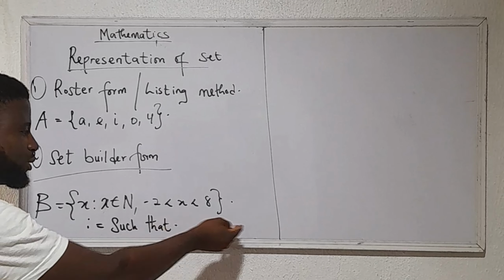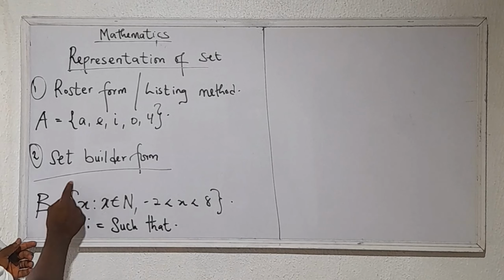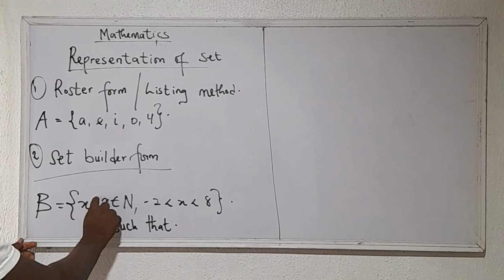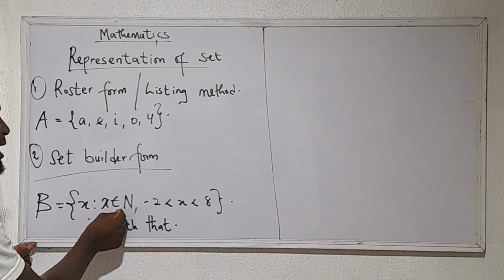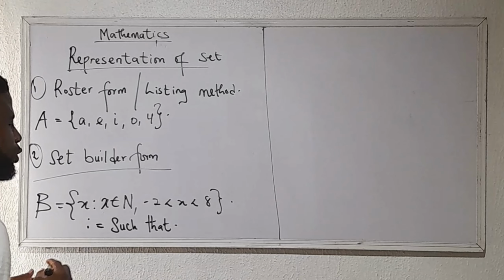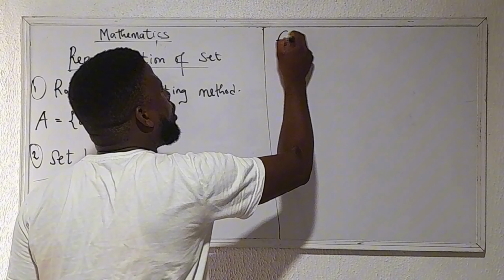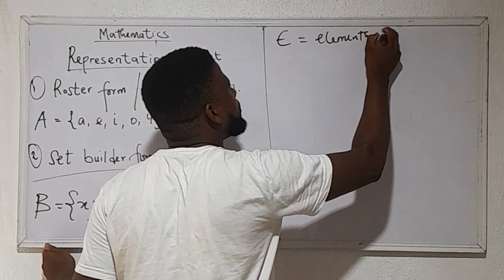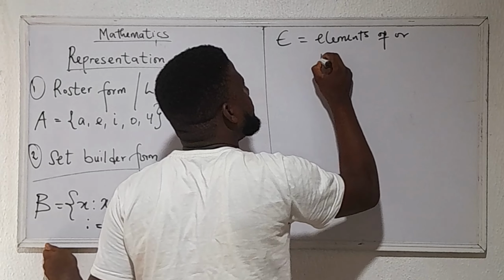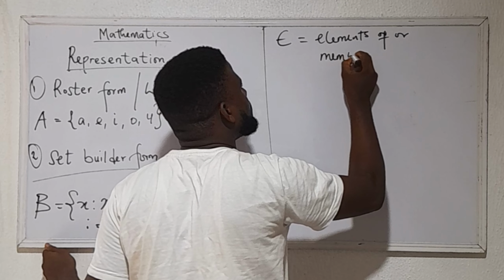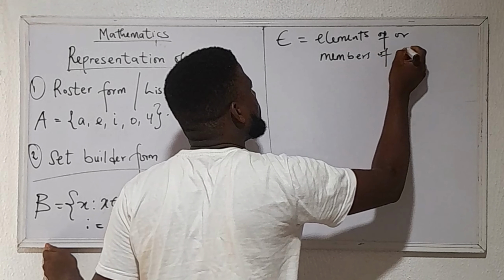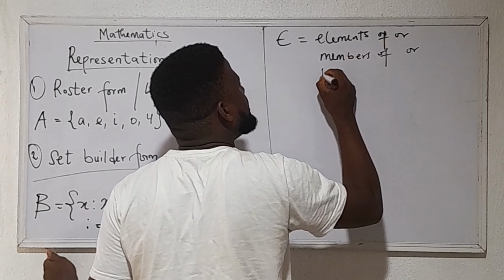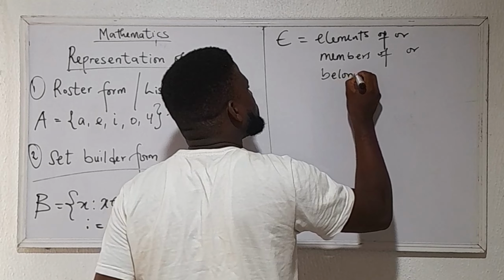So if you're going to pronounce this, we say B is equal to the set of all x such that x is an element of the set of natural numbers. Now, this symbol means element of, or member of, or belonging to.